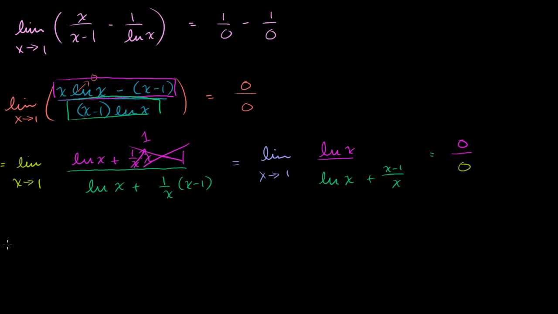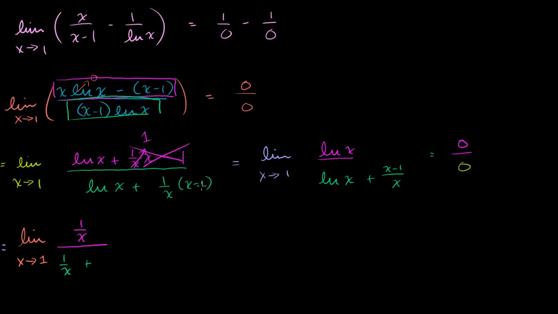So this, if we're ever going to get to a limit, is going to be equal to the limit as x approaches 1 of the derivative of the numerator, 1 over x, right? The derivative of ln of x is 1 over x, over the derivative of the denominator. And what's that? Well, the derivative of natural log of x is 1 over x, plus the derivative of x minus 1 over x.